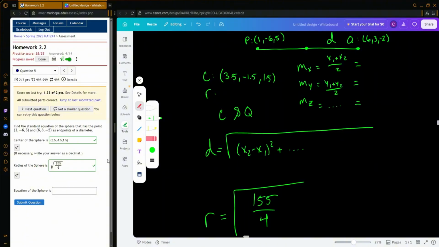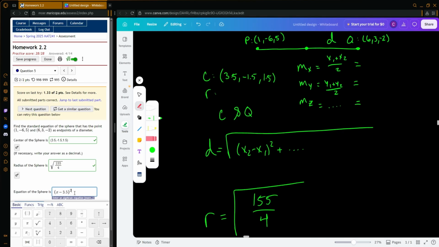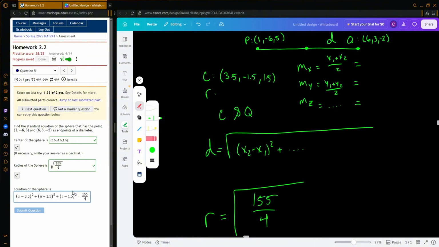Let's see if that's right. I'll go x minus 3.5, y plus 1.5, and z minus 1.5 equals the radius squared, so that square root will just go away. So get this. Okay.